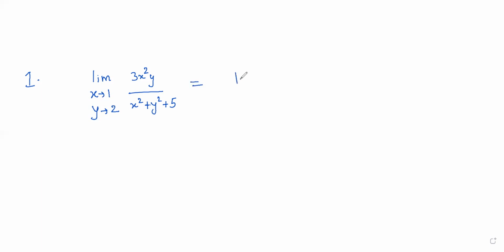So we can write it as limit x tends to 1, limit y tends to 2, of 3x²y over x² + y² + 5.